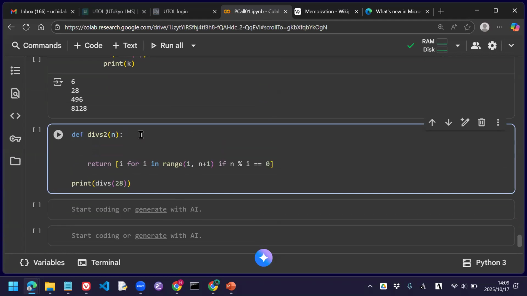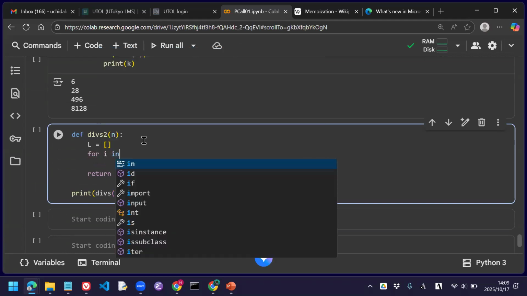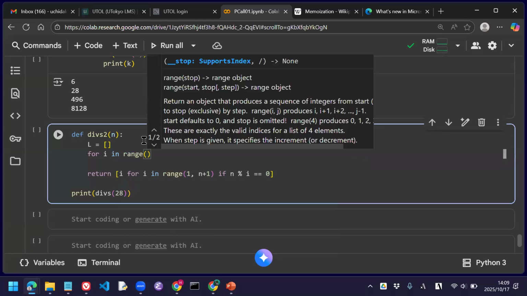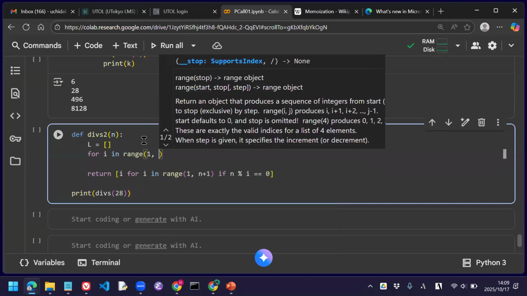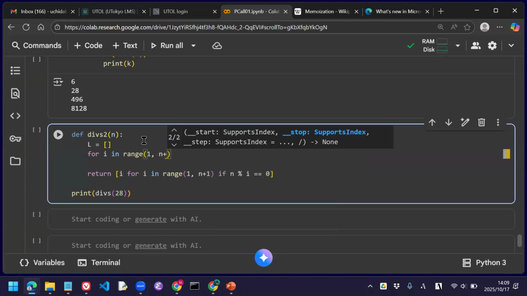Here, maybe list comprehension is not good. So let's define a list of divisors, list of factors, initialized as an empty list. And then we will check one by one for i in range starting from 1. Again, we check until n, so I write n plus 1 here.